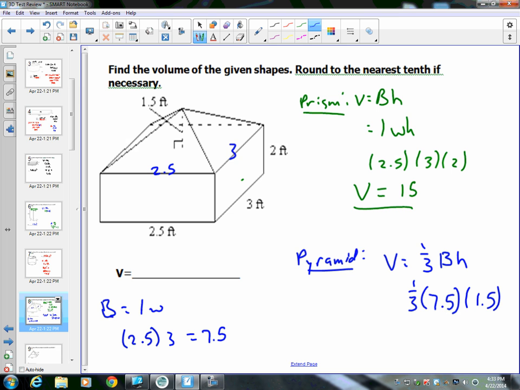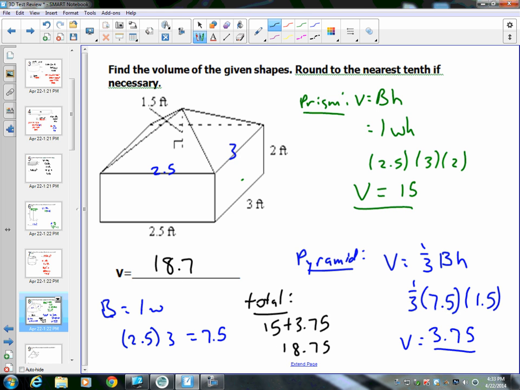Multiply that by 1/3, and we get 3.75. This would be the volume of the pyramid. To find the total, we just add the two up: 15 plus 3.75 is 18.75, and this is our total volume. For units on this one, since it's feet and it's volume, it's feet cubed.